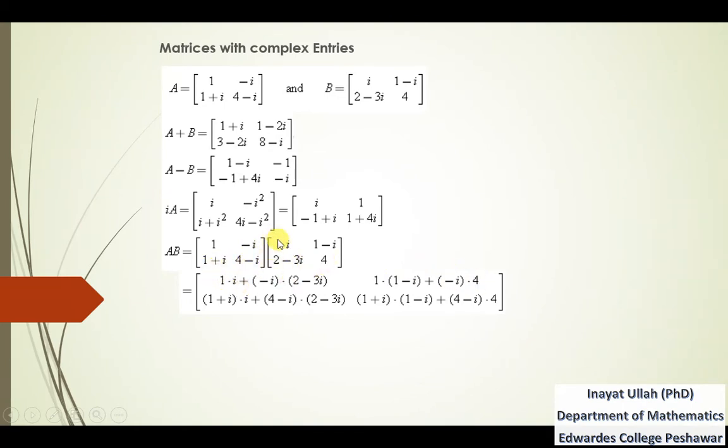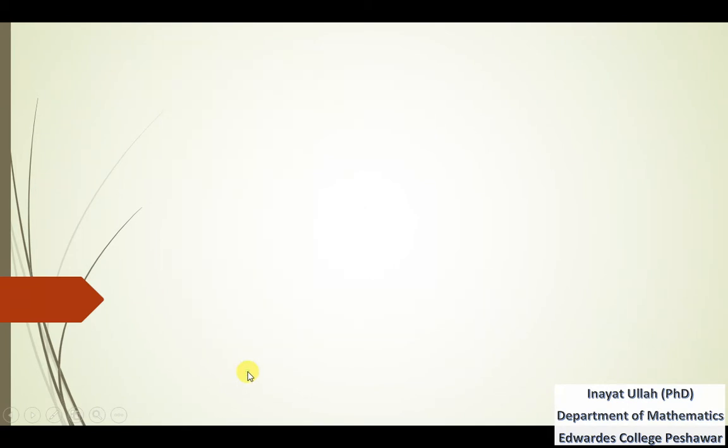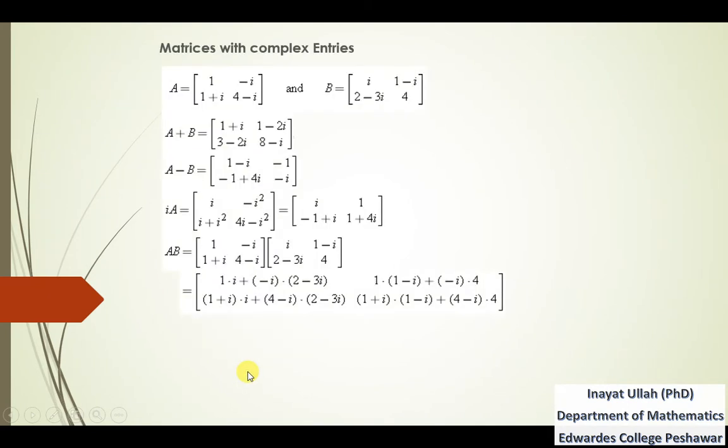Second row first column is this one, second row second column is this one. Simplifying this sum, we get this matrix. So that is the multiplication of two matrices with complex entries.